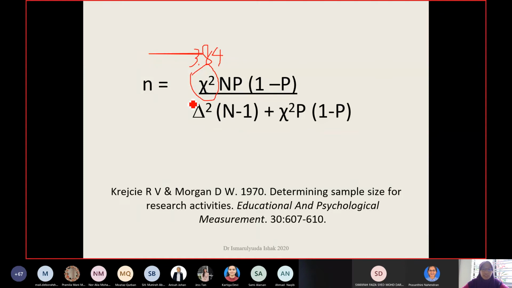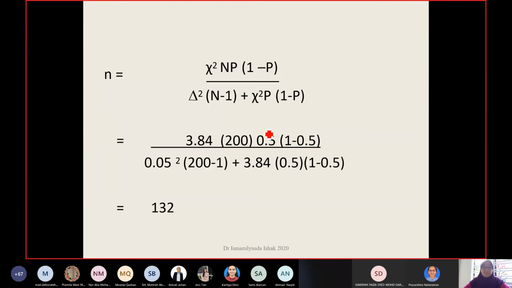Delta square is your percentage, maybe 5% or 10%, it depends on you. For example: 3.84 times 200 times 0.5 times 1 minus 0.5, divided by the delta 5% squared times 200 minus 1, plus 3.84 times 0.5 times 1 minus 0.5. So the total sample is only 132.